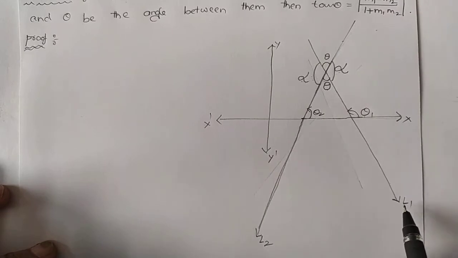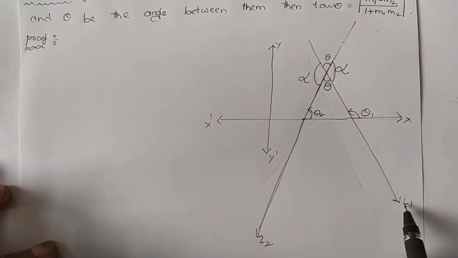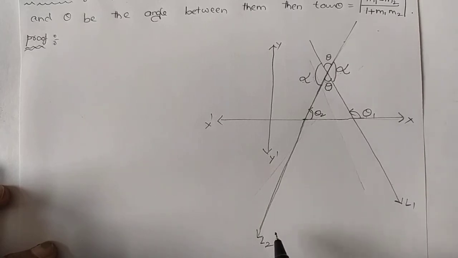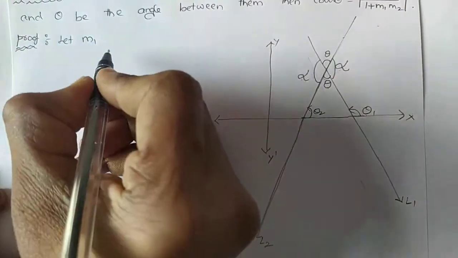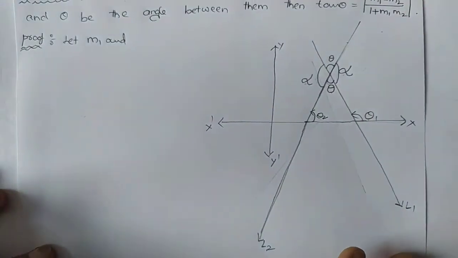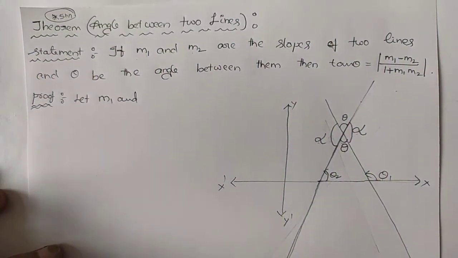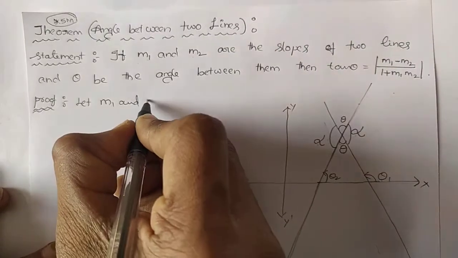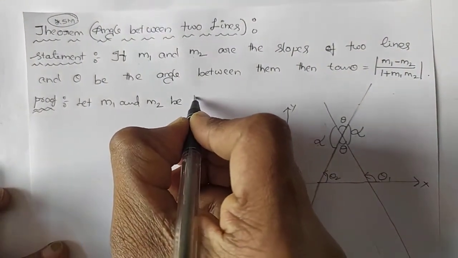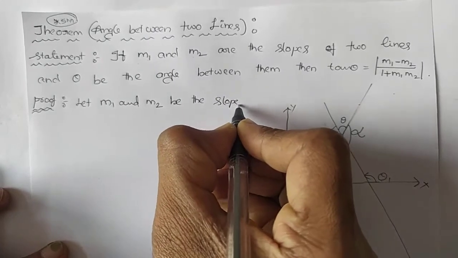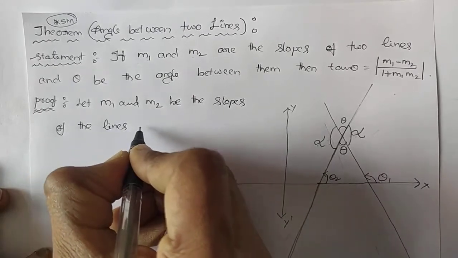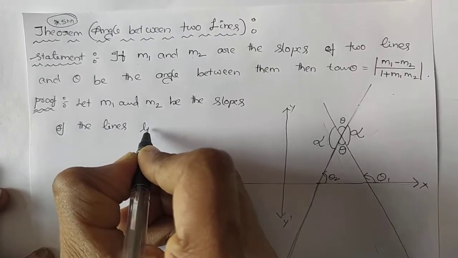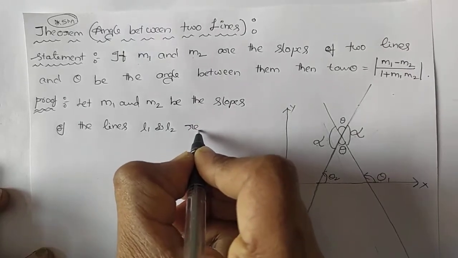First, the slope of the line L1 is m1 and the slope of the line L2 is m2. Let m1 and m2 be the slopes of the lines L1 and L2 respectively.